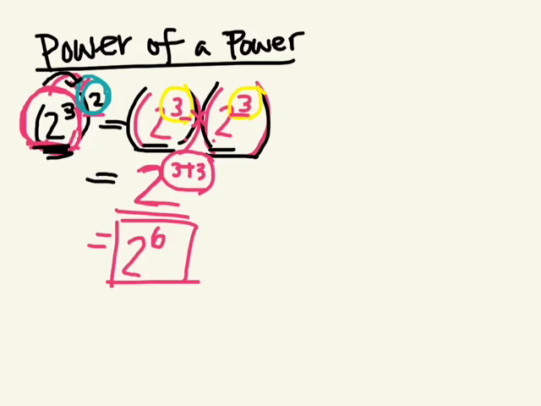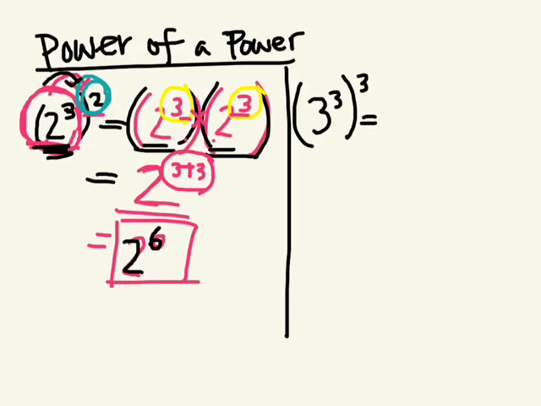Okay, let's try another one. What if I had 3 to the power of 3, all of this to the power of 3? So this is the base, and all of that is to the power of 3. How many times am I going to write this? 3 times.